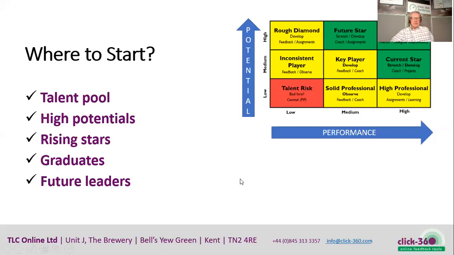These are different names given to the same groups, but the idea is that they're in either the green area or the middle area here. It's important that we think about that when we kick off a 360, because what you really want is some champions internally, praising the process and saying how beneficial it was, to start to embed a culture of readiness for 360.